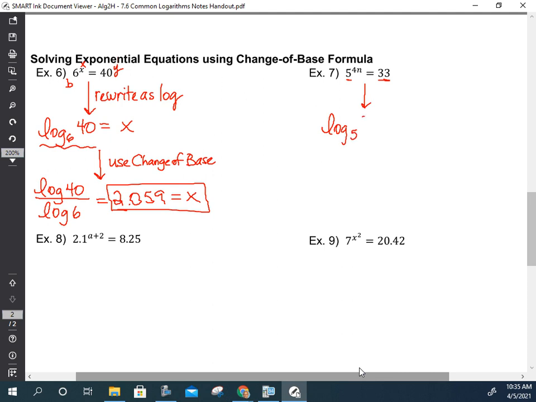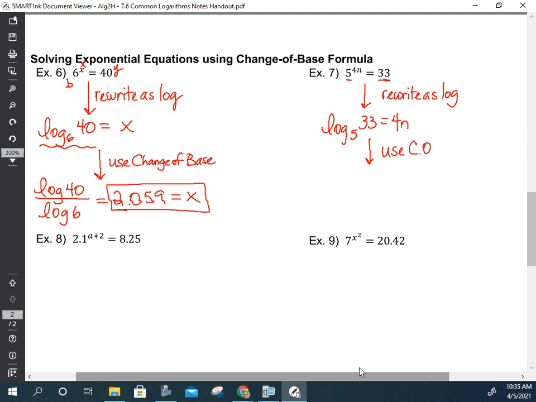Log base 5 of 33 equals 4n. So rewrite it as a log. The left-hand side is nothing but a number.